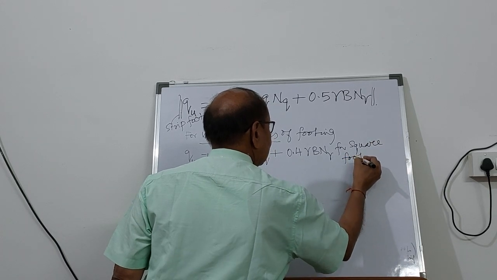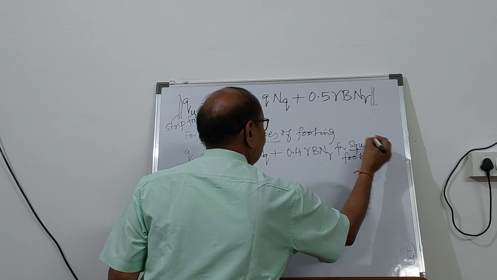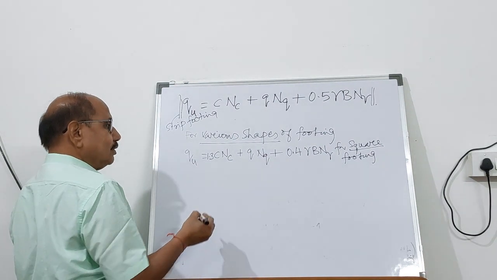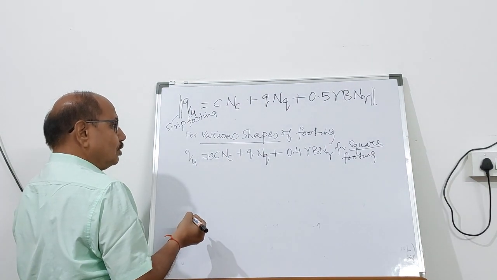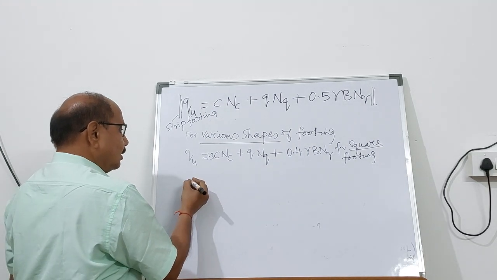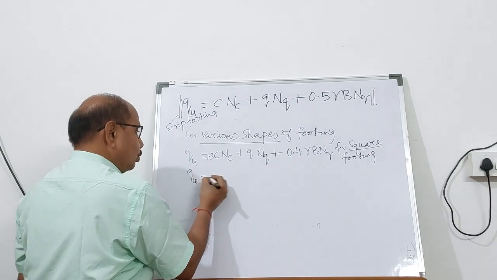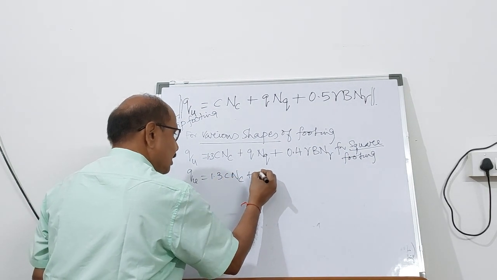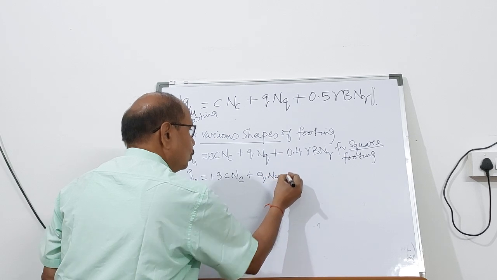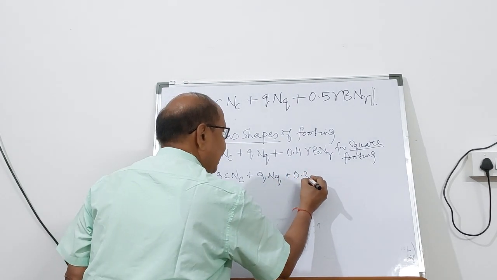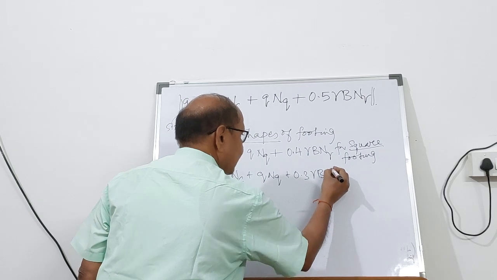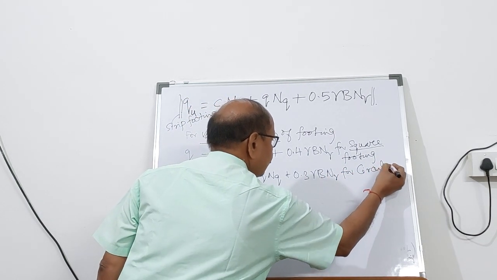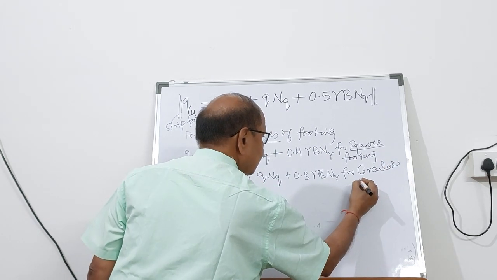So if the footing is a square footing and not a continuous or strip footing, then this equation should be used. Then qu = 1.3cNc + qNq + 0.3γBNγ for a circular footing.